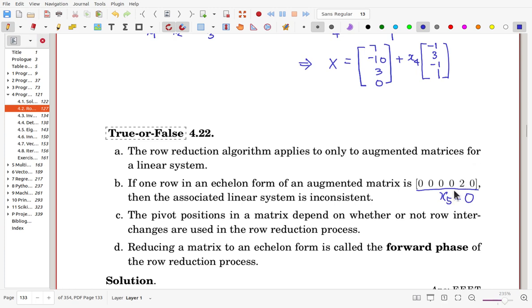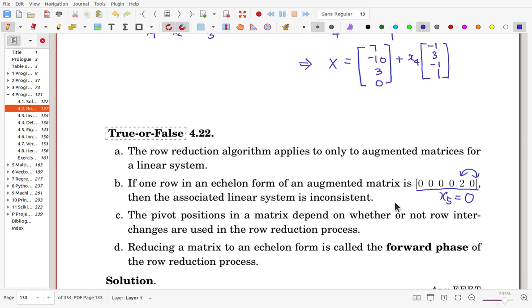Once these numbers are changed, for example 2 and 0, then 0 equals 2, which is impossible, and that means there is no solution. But for the current row, it does not necessarily mean the system is inconsistent.